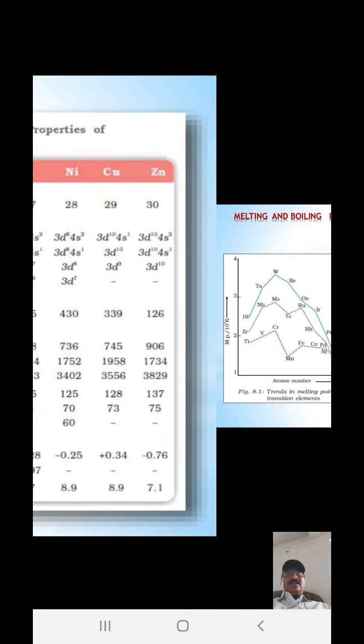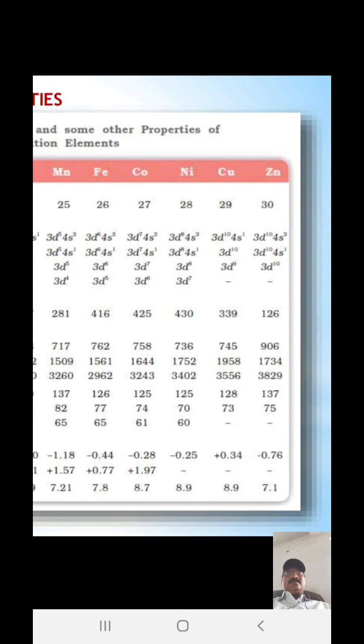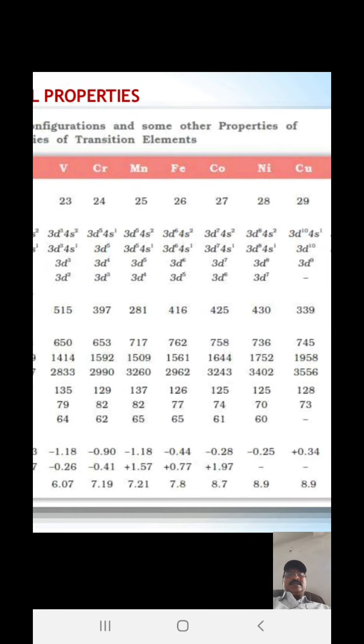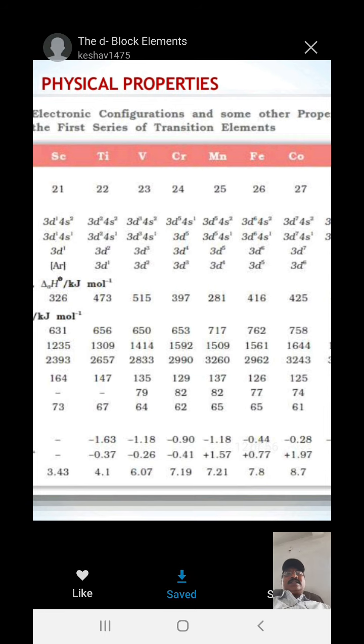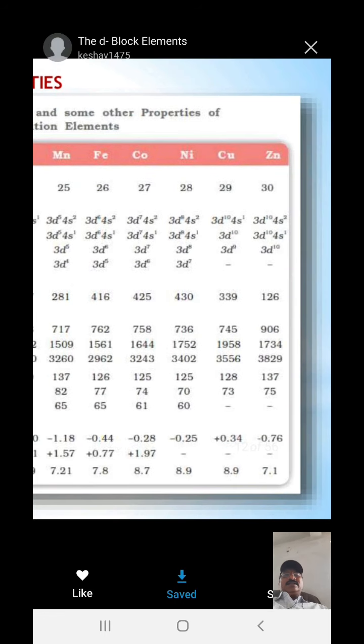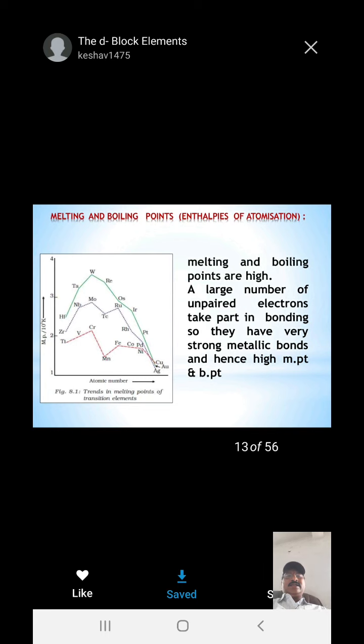Like that, copper, atomic number 29, would be 4s2 3d9, but it has 4s1 3d10 because of stability. What stability here? Atoms which contain exactly half filled or fully filled d orbitals are more stable. So for the stability, copper and chromium show anomalous electronic configuration.